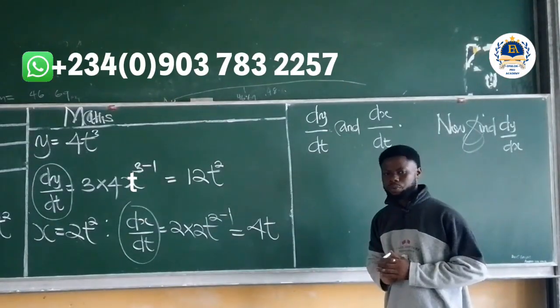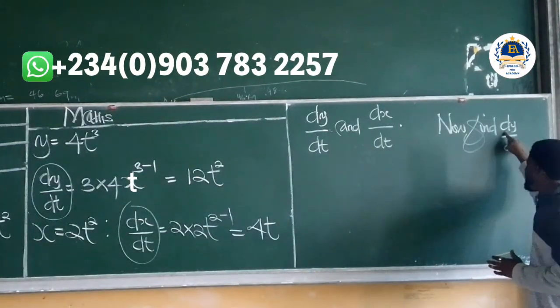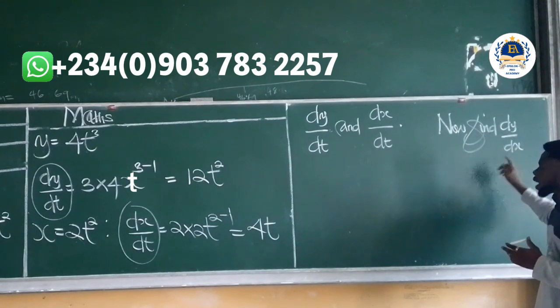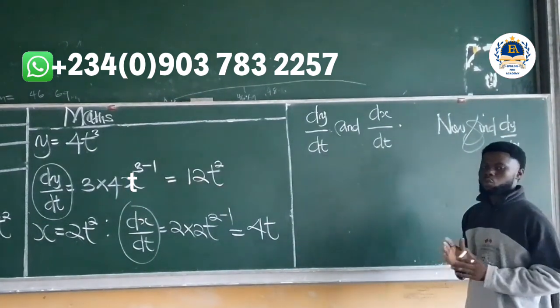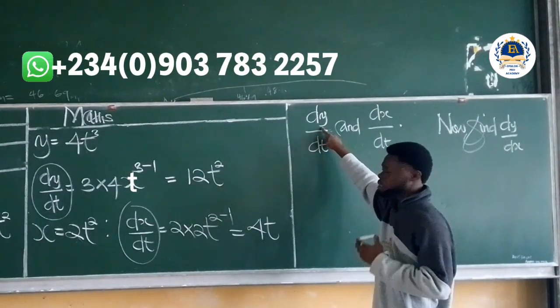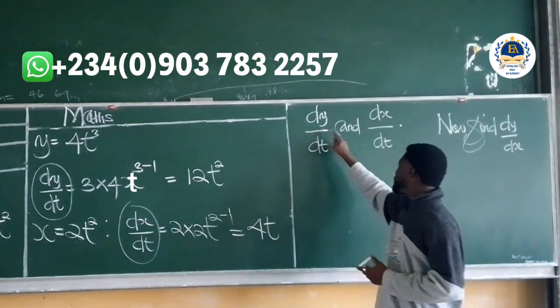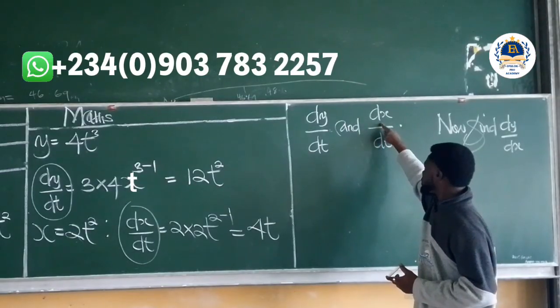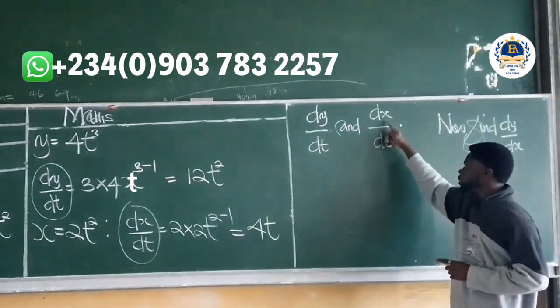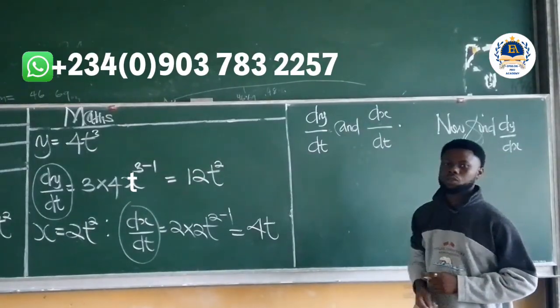How do we obtain dy over dx from these two combinations? The trick is very simple. Since dy is at the numerator, whereas dx is at the denominator, this is what we must do. At this point, dy is in the numerator. Over here, dx is also in the numerator. That means we have to bring dx to the denominator.